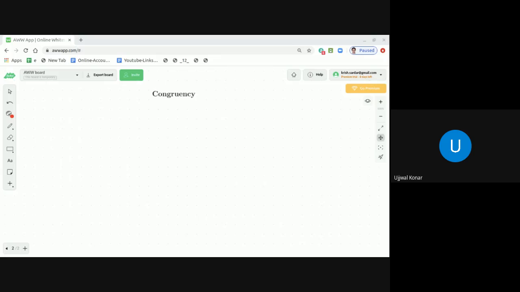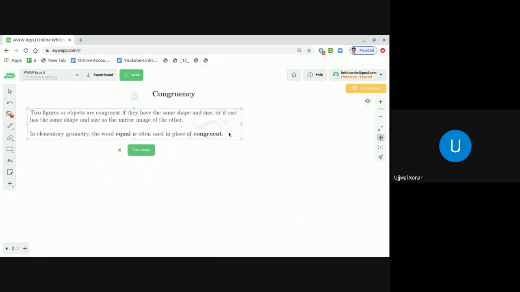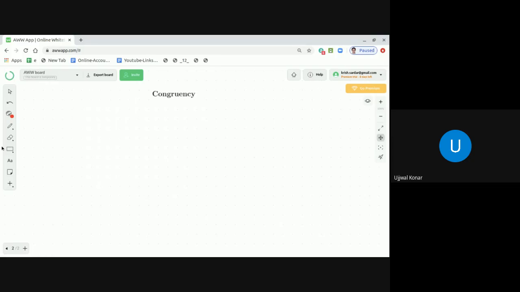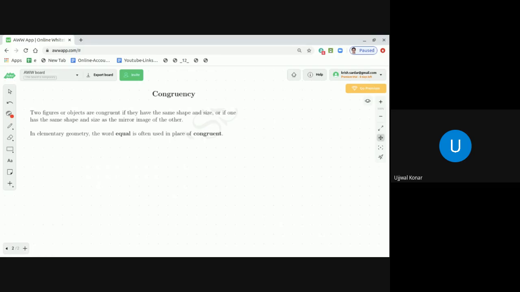First let me give you the definition. As you see, dear students, two figures or objects are congruent if they have the same shape and size, or if one has the same shape and size as the mirror image of the other.